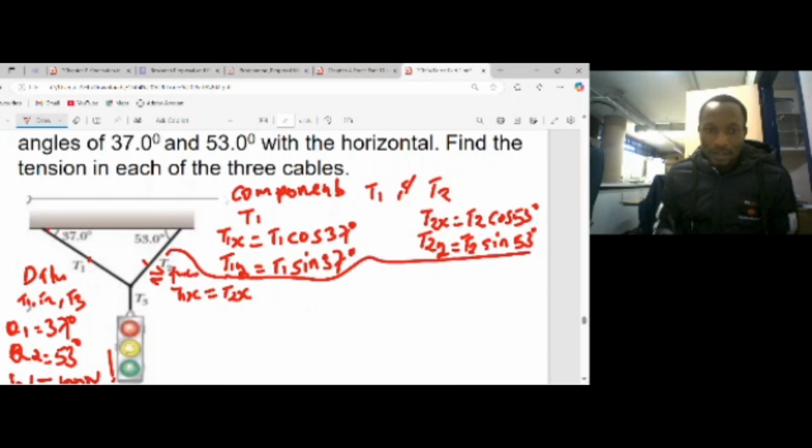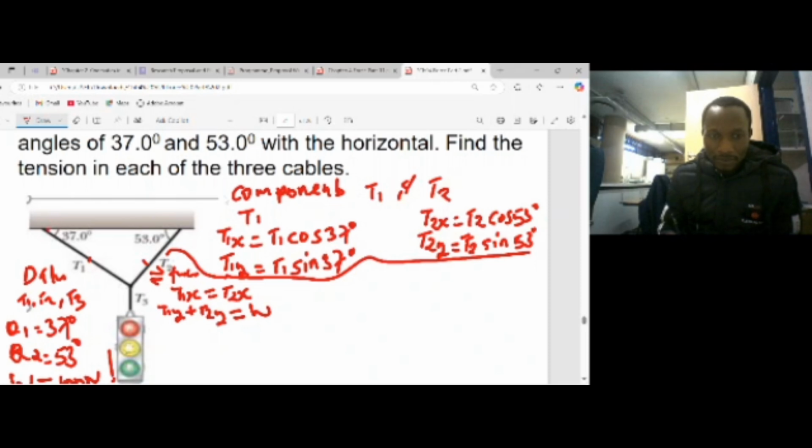And you can see T1y plus T2y is in equilibrium with the weight, because all the ones in the y are vertical equilibrium forces, and T1x is in equilibrium with T2x, and those are horizontal forces. So from here, we can solve for the horizontal forces.